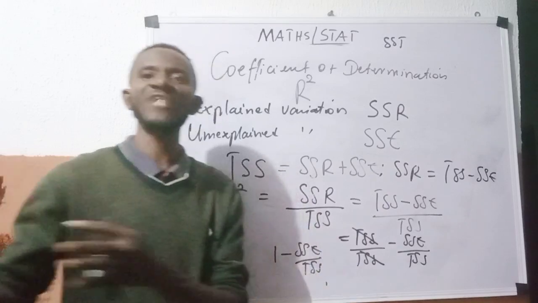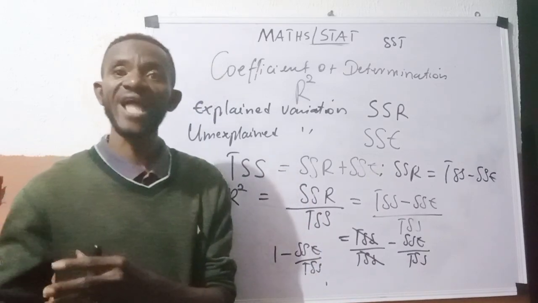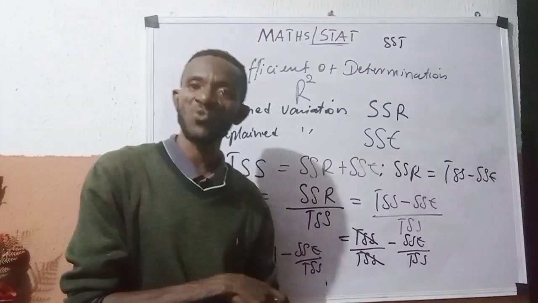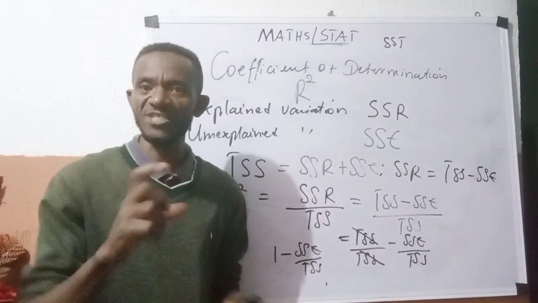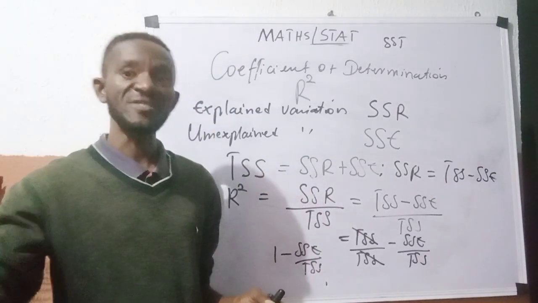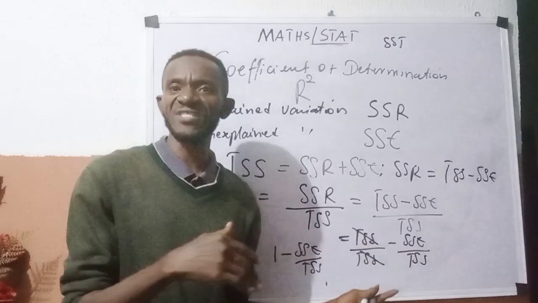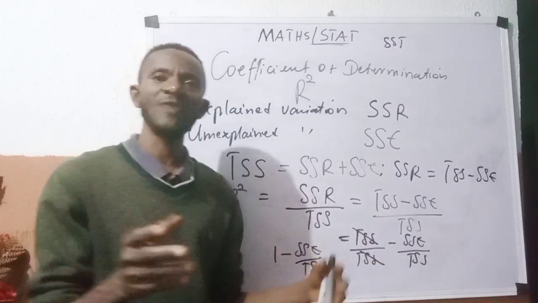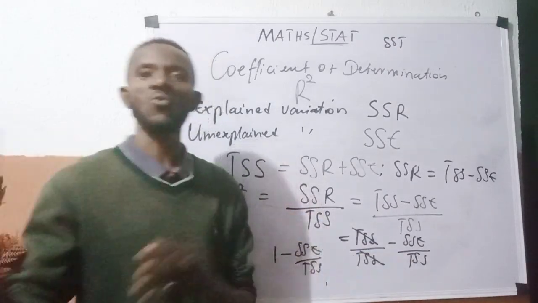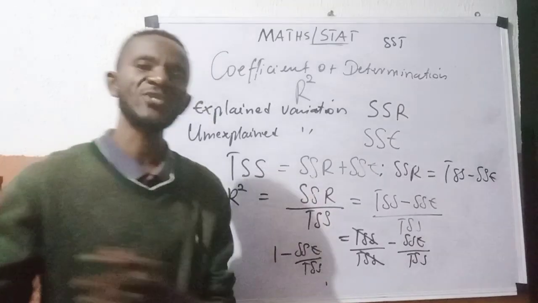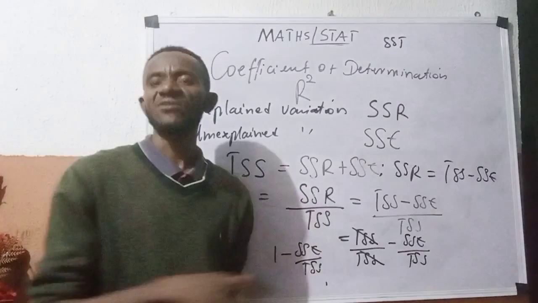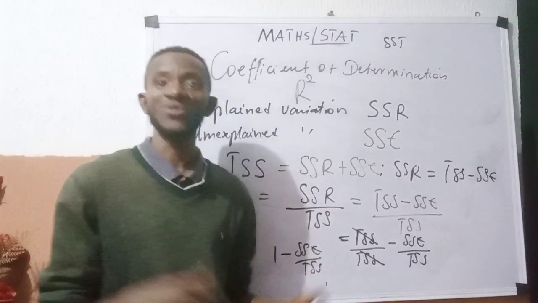So values closer to 100 are better than values closer to 0. This is because it is expressed in percentage. If it's not expressed in percentage, we are talking about values from 0 to 1, so values closer to 1 become better than values closer to 0.